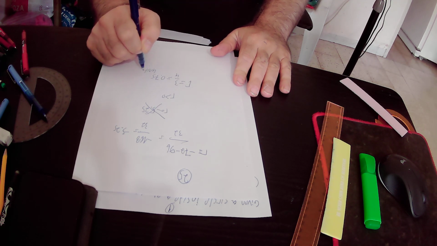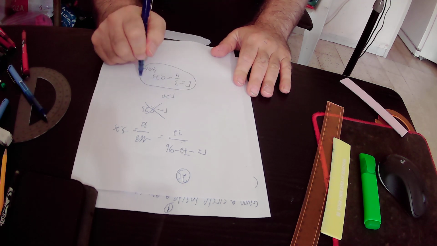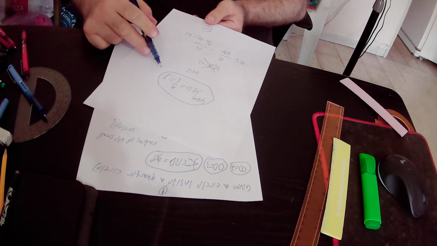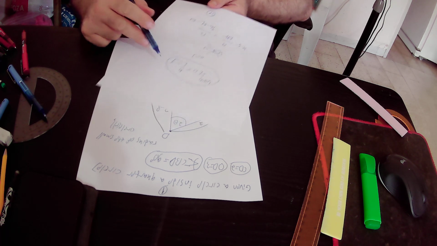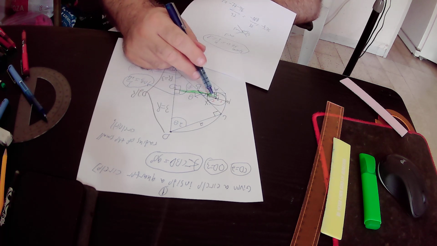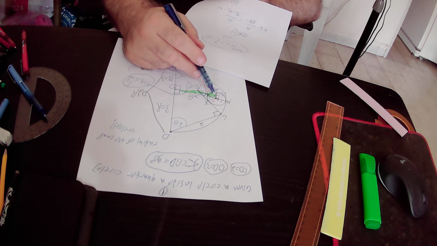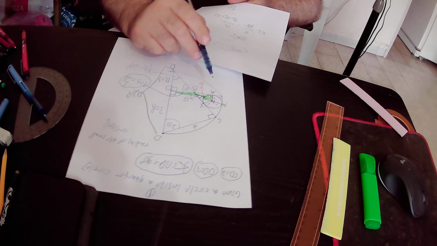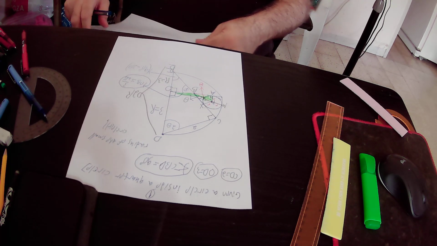Okay? So the answer to the question is that the radius of this small circle equals either 3/4 units or 0.75 units. Okay, so now I will summarize the lecture.